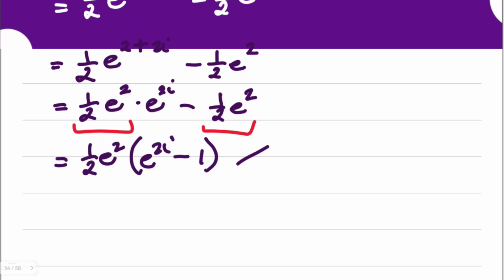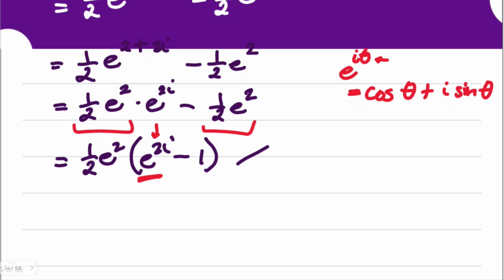But of course, there are also some expressions that will allow us to simplify this further, because in Euler's form, e to the power of i theta is equivalent to cosine of theta plus i sine of theta, where theta is the numerical coefficient of i.